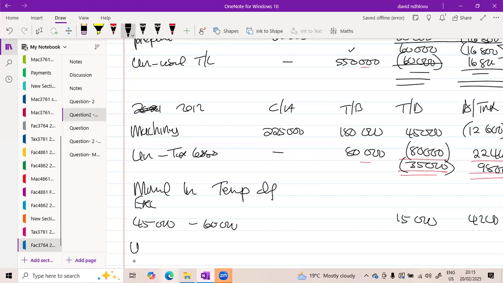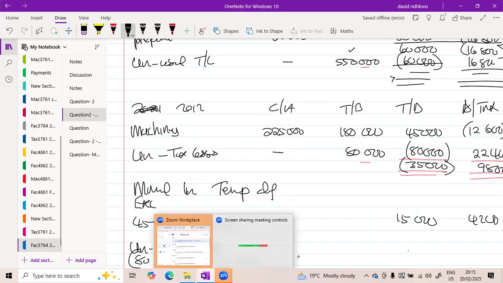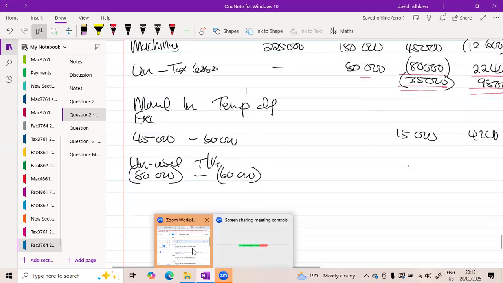Then in unused tax losses, this time you've got 80,000 negative. In the prior period, you had limited to 60,000. So you've got 60,000 negative here. So when you calculate, is it going to be a positive amount?